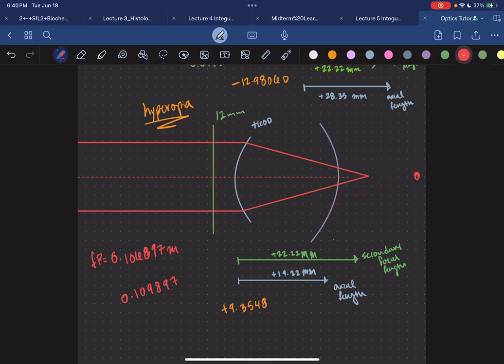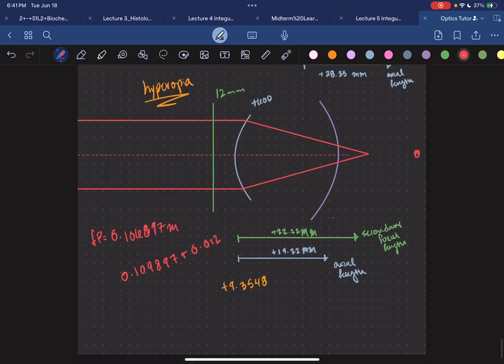So I'm going to add 0.012, and that's going to give us a distance of 0.118897.